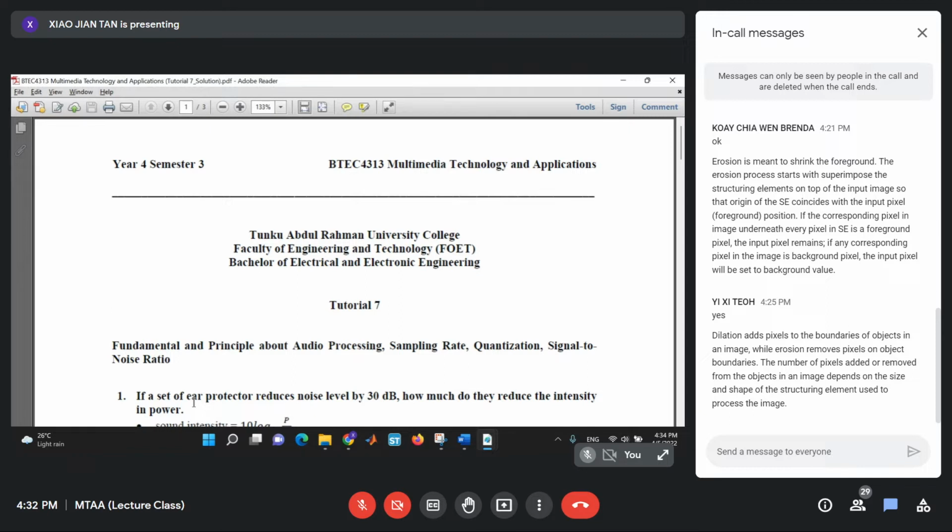For compression, I don't think we have calculations, but for audio processing, chapter 8, I think, we have calculations, and also the initial chapter, which includes the calculation of size and memory. I think the calculation won't be too much of a burden for you all. I think you can score in the calculation. Should be no issue.